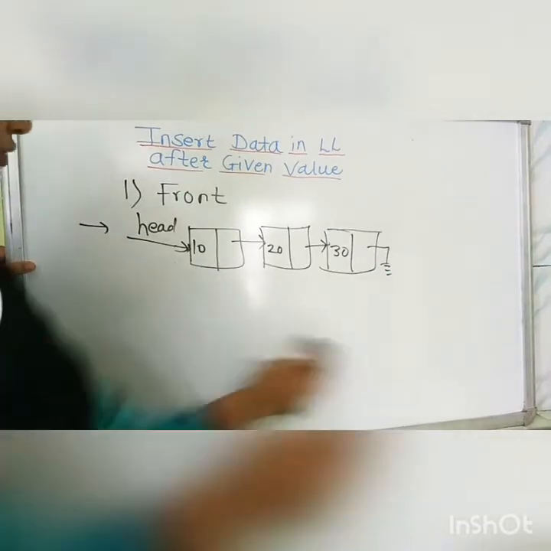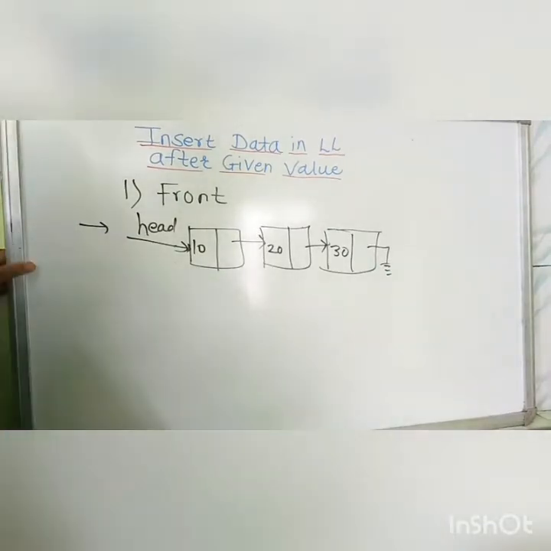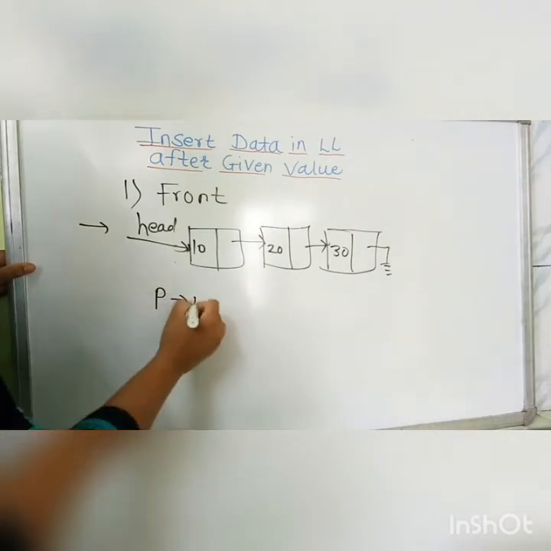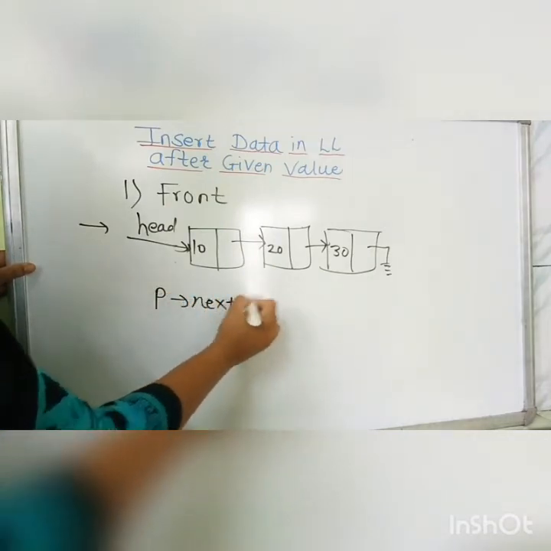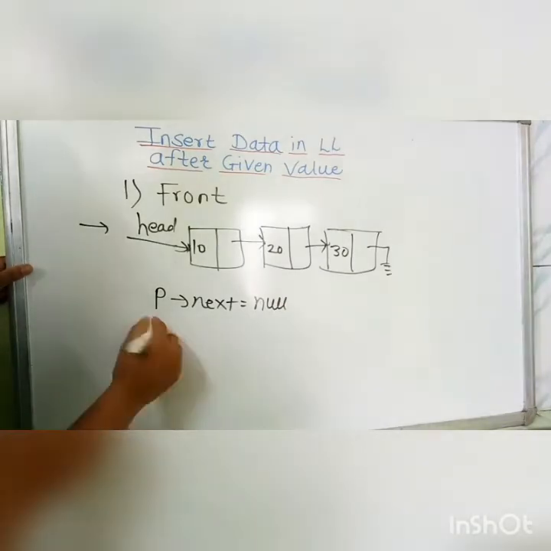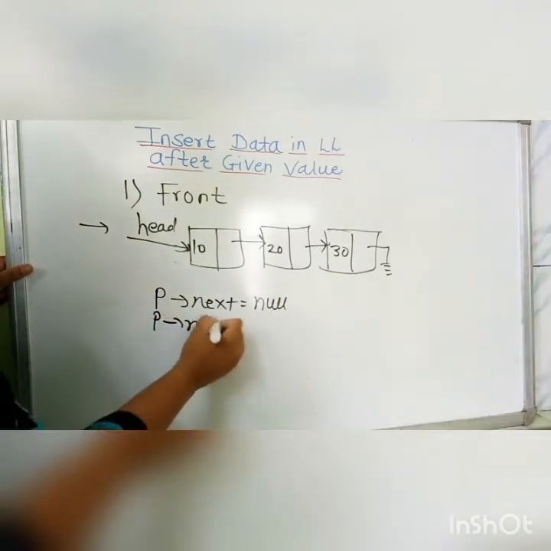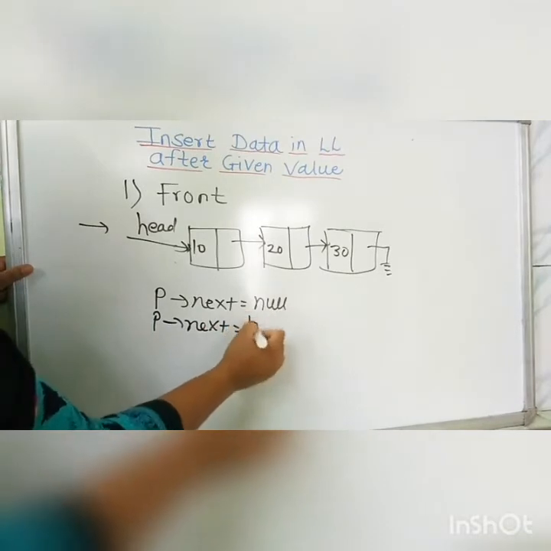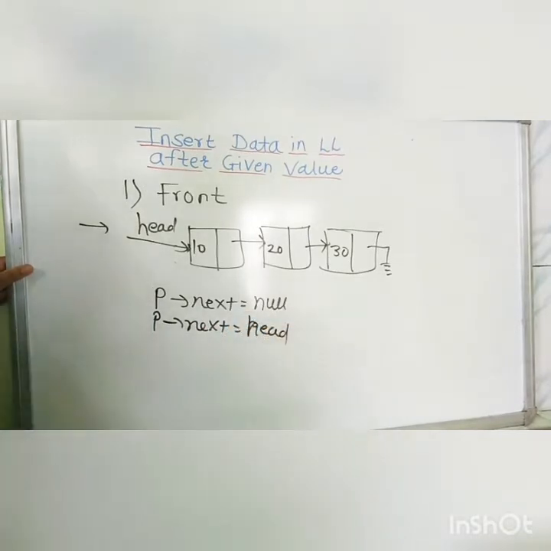Next, as we had declared, the P pointer next equals null, we have to set P pointer next equals head.